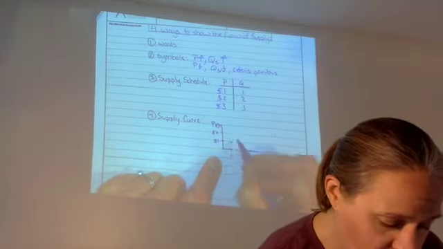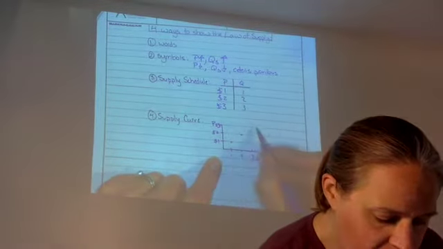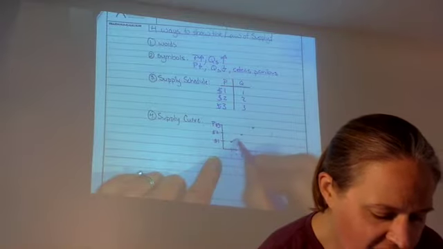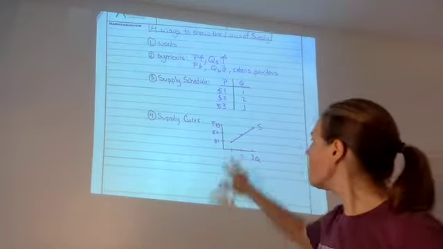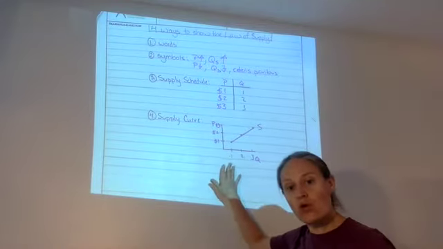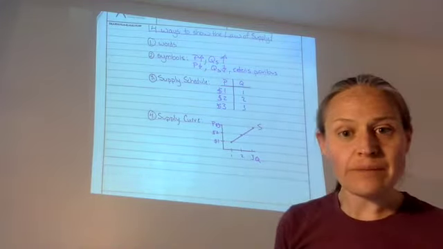So $1 and 1, $2 and 2, and $3 and 3. We connect our dots and we label it S for supply. And this supply curve shows the law of supply.